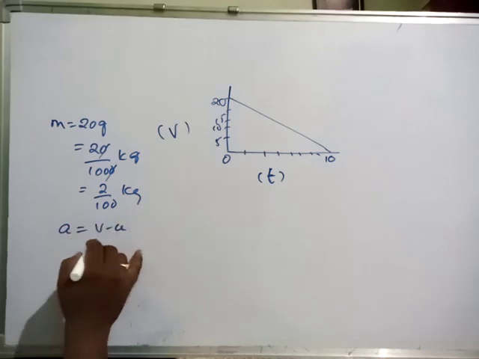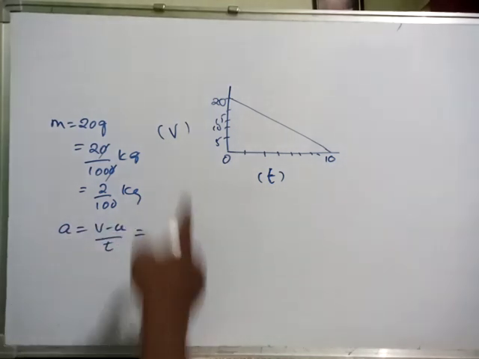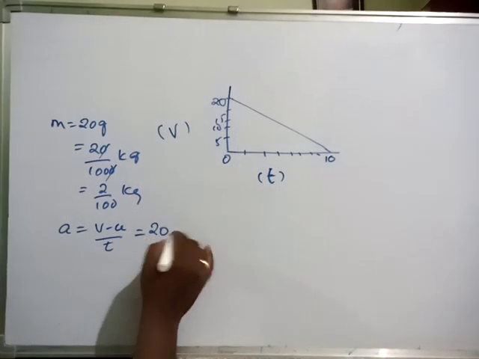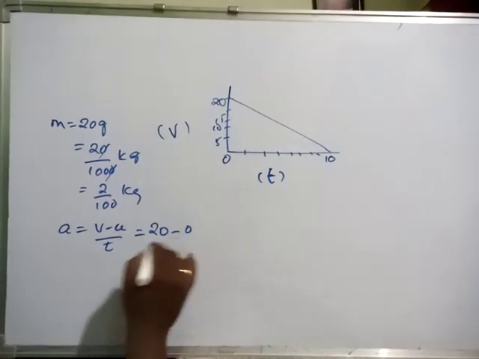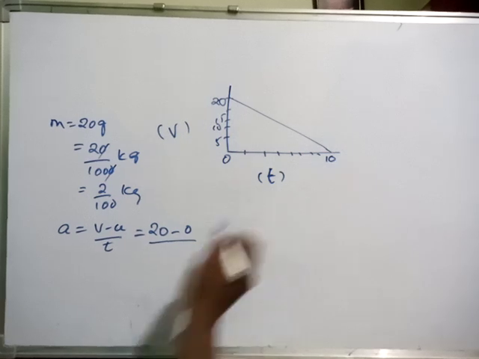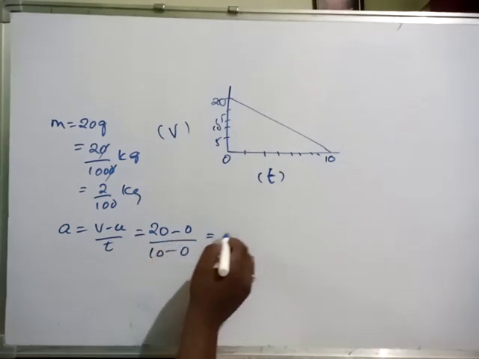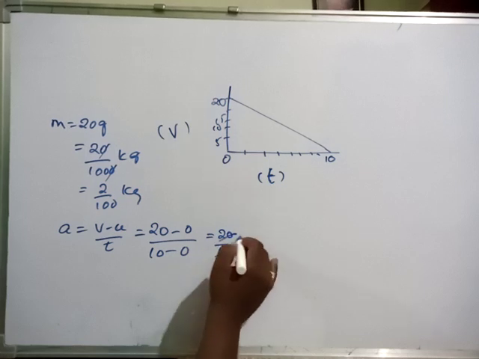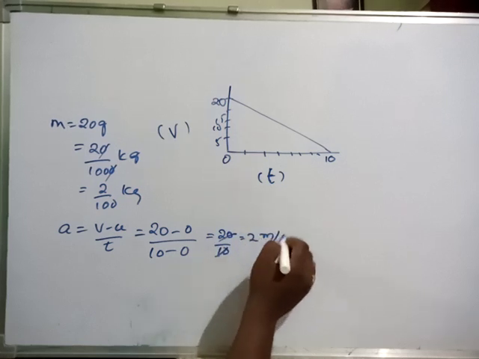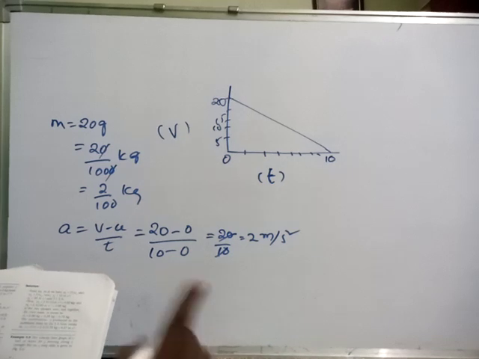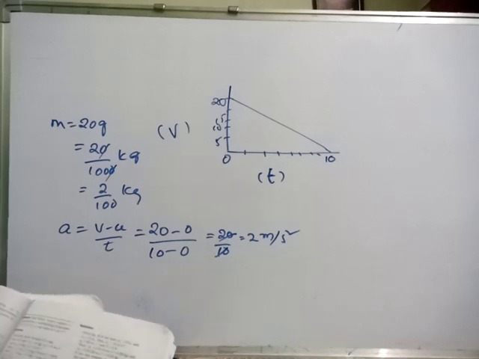(V minus u) by t. V how much? 20. U 0, by time also 10 minus 0. So 20 by 10, 2 times will be cancelled. 2 meter per second square. That is the acceleration.